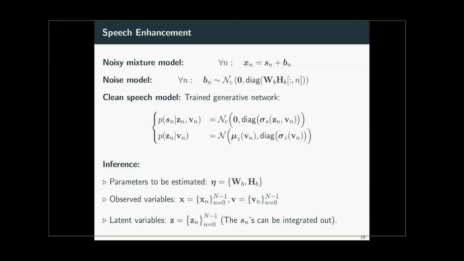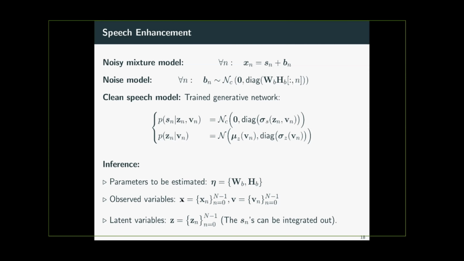First, I have to learn the parameters of the noise, eta. And then once I am done learning that, I have to provide an estimate of the clean speech signal. So we will derive an expectation maximization algorithm in which the parameters are eta, the parameters of the noise.